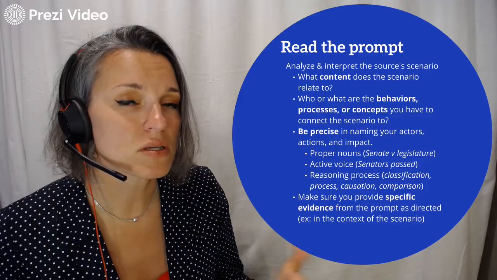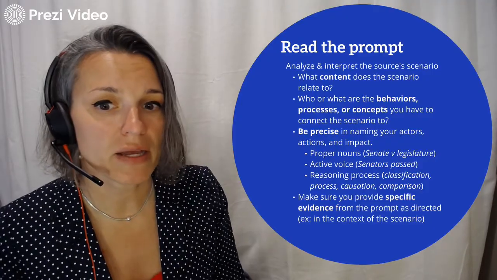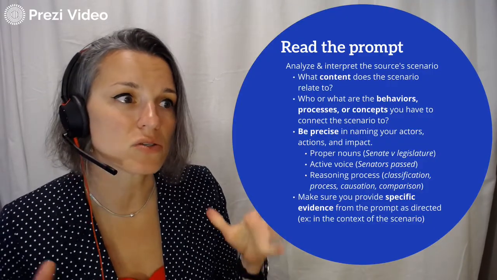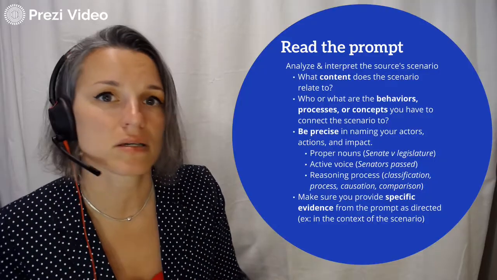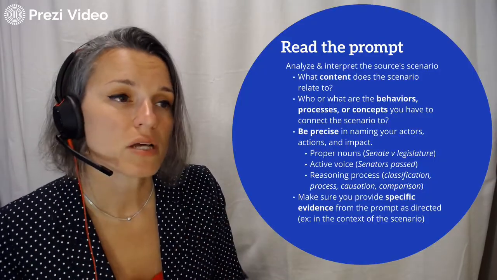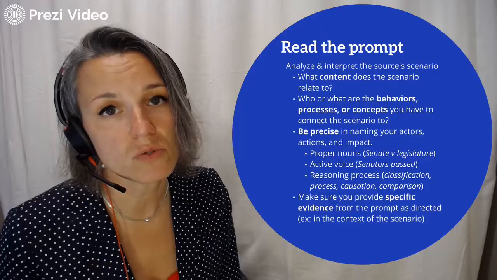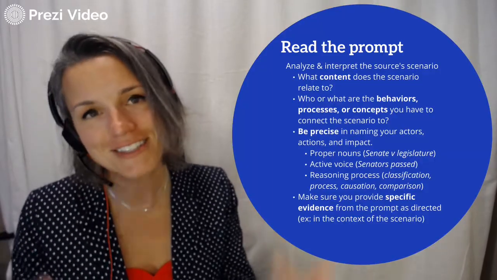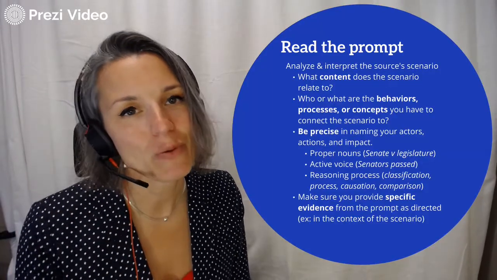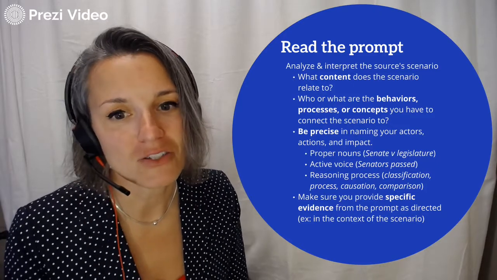So make sure that you're using the most accurate proper noun that you possibly can so that you are having a complete thought that doesn't leave it to the reader to infer a single thing about what you do or do not know. Because if the reader has to infer what you mean, then the point is lost. The heavy lifting is on you.